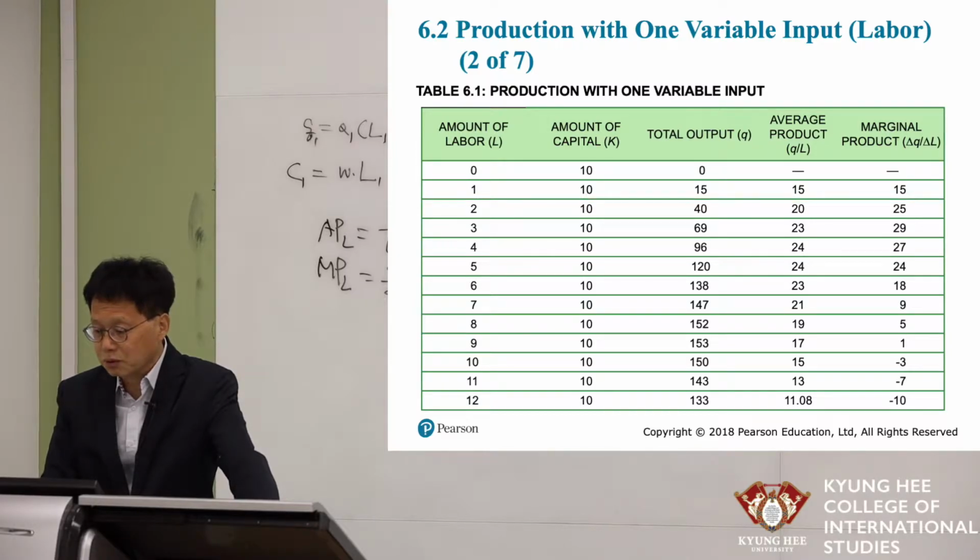Marginal product changes as we move from 40 to 69. Change in Q is 69 minus 40, so 29, isn't it? And change in L is 4 minus 3, so it increases by 1 unit. So the marginal product of labor is 29.